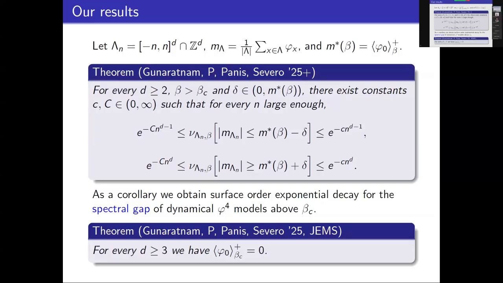If you take XY, for example, in two dimensions you don't have a phase transition, or you have this more exotic phase transition from exponential to polynomial decay. And yeah, I think XY always has a different scaling, even in high dimension.